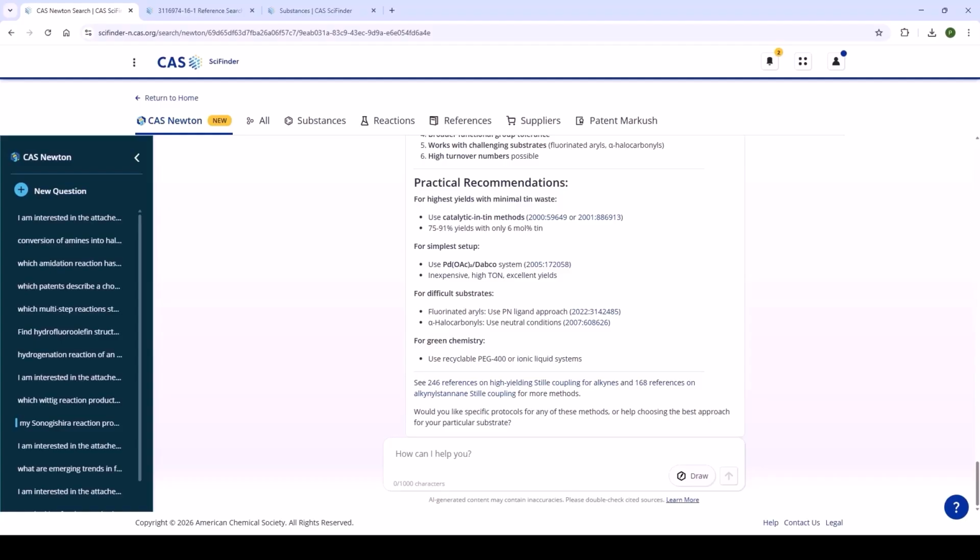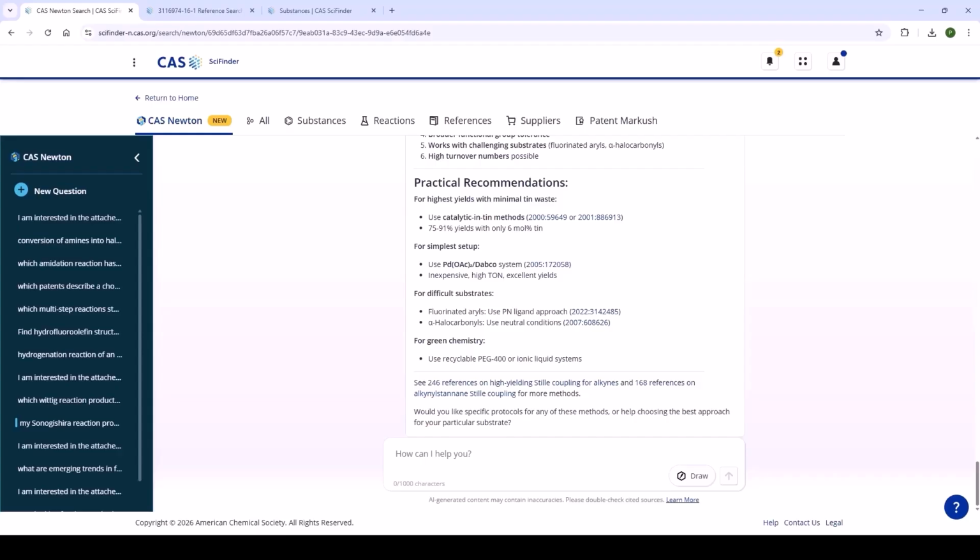Yeah, Paul, I think we just keep the screen right here, and I'll just mention that I really like that just a little earlier we saw there were some key advantages of the Stille reaction over the Sonogashira for producing alkynes. It specifically noted that the Stille reaction is less sensitive to water than the Sonogashira, so it's addressing the problem that you brought up at the beginning of this example.